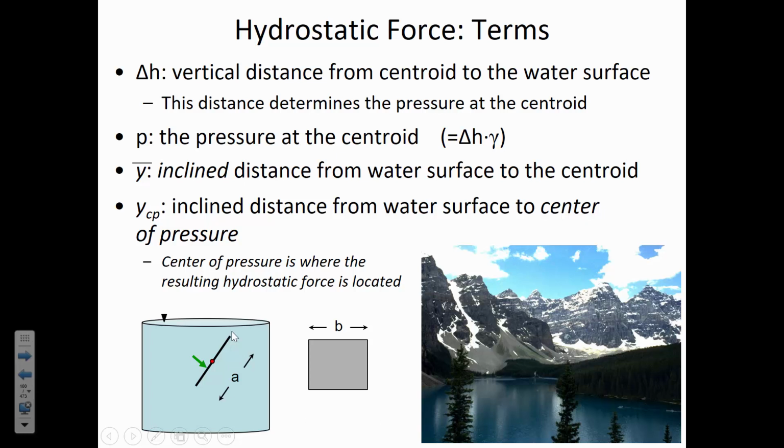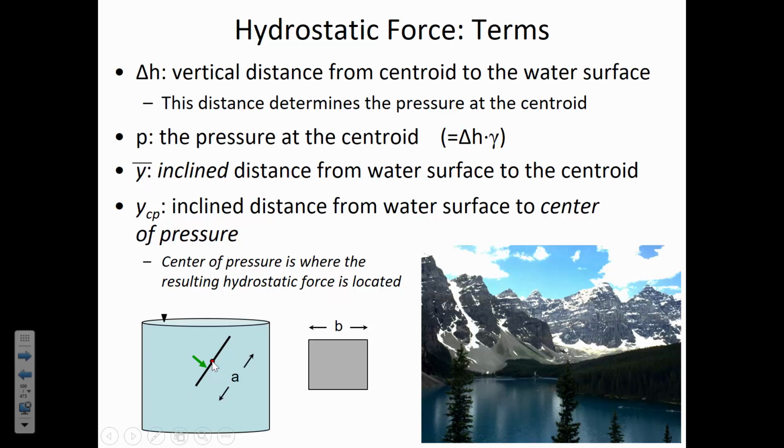This green arrow is where the force is applied, and so what we're going to have to do is have a dimension that takes the inclined distance up to the water surface from the green arrow. And so the center of pressure, where the force is located, this red dot, is the distance from the surface to the centroid.